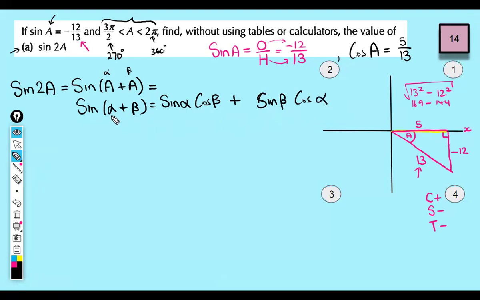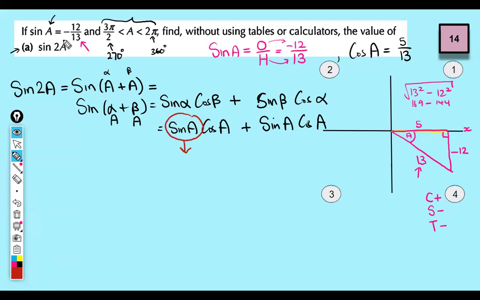But remember, both of them are the same letter, A plus A. So it will look like this: sine A cosine A plus sine A cosine A. And you have the values for all of them above here. What's the value of sine A?